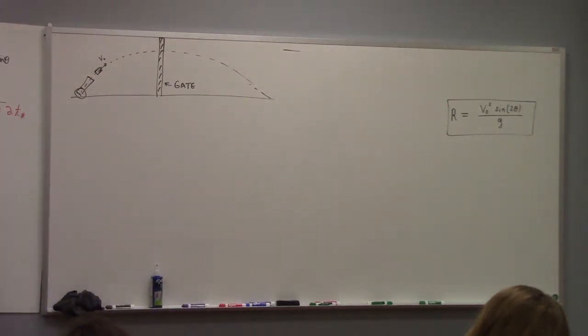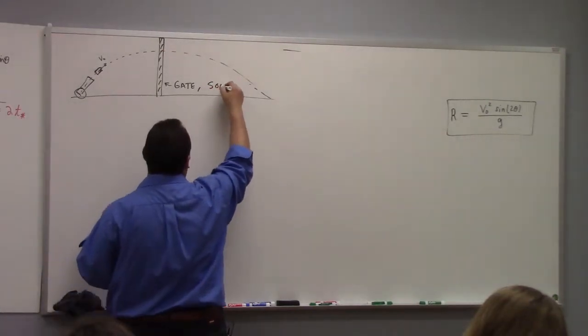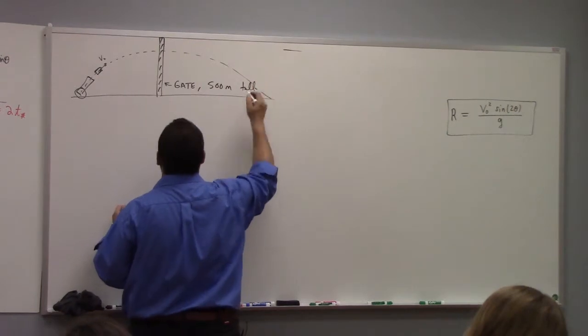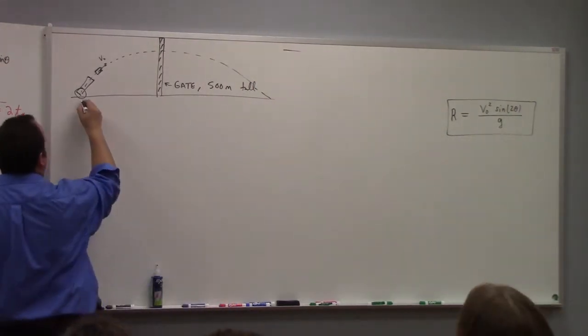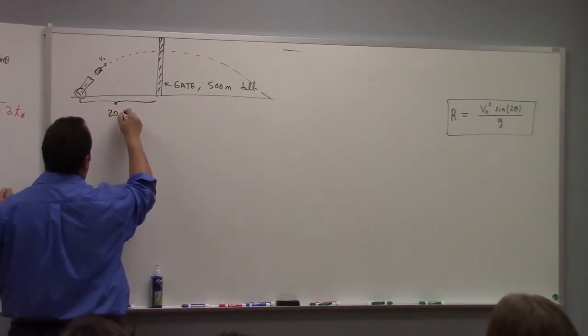Suppose this gate is 500 meters high, and this distance is 200 meters.